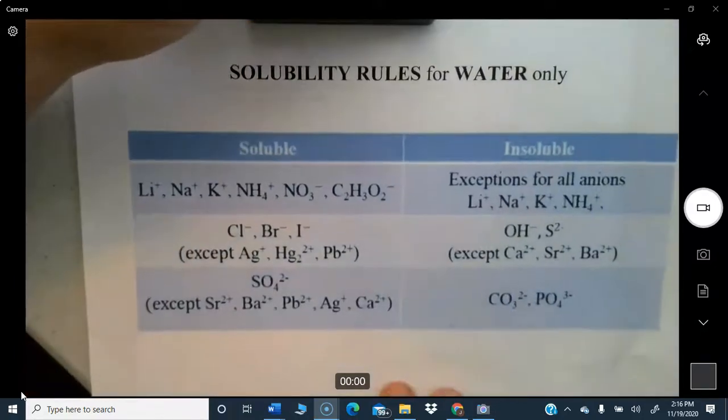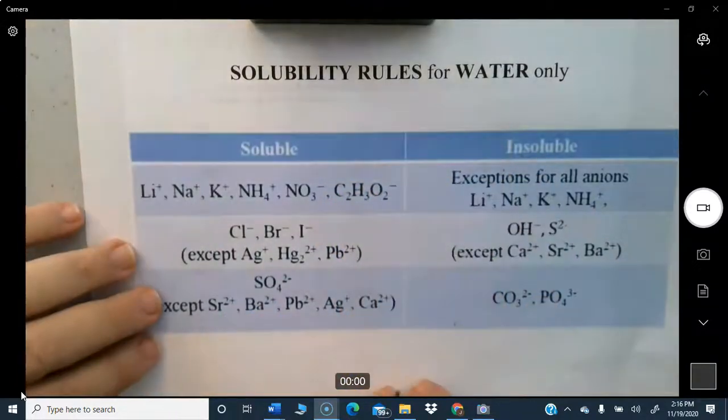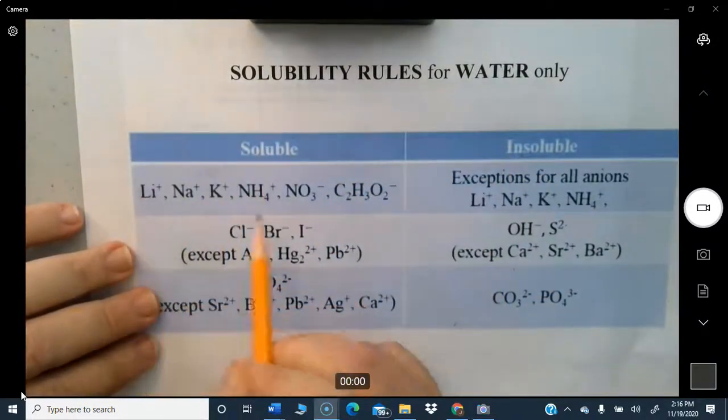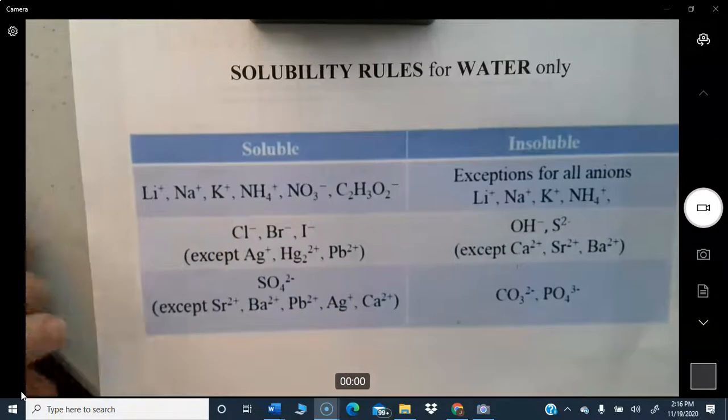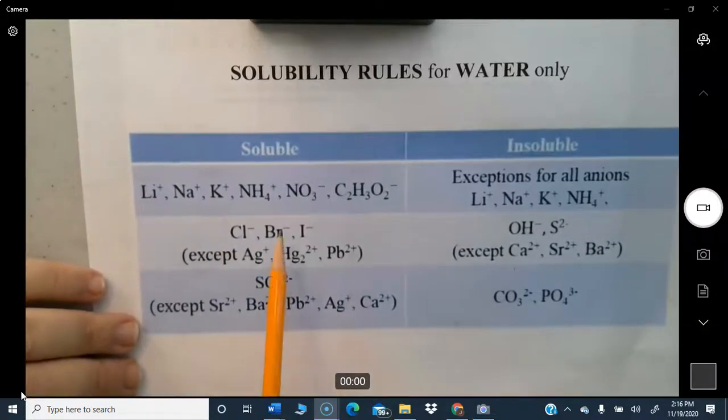Okay, so let's see what this is telling us. It's telling us everything in this column is soluble. These guys are 100% soluble. They'll dissolve with anything they're with. The moment you see any of these, bam, it's going to dissolve. These are pretty much 100%, but not quite. These will dissolve with anything they're with except these three.